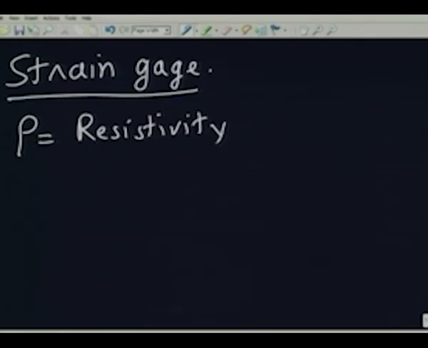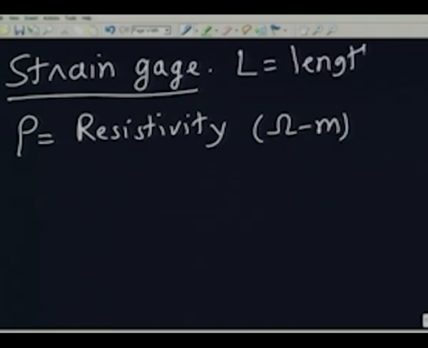The material is usually a conductor with a specific resistance or resistivity equal to rho, which is in units of ohm meter. So, the length of the conductor is L, and the area of cross section is A. Okay.